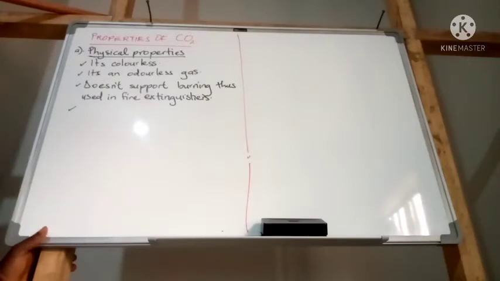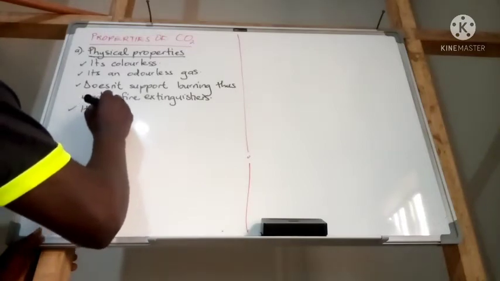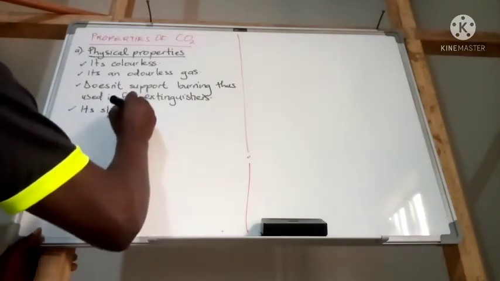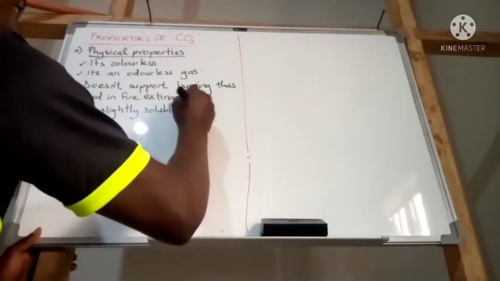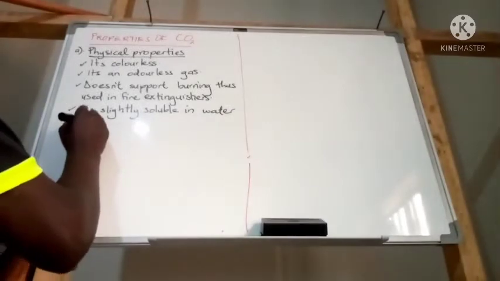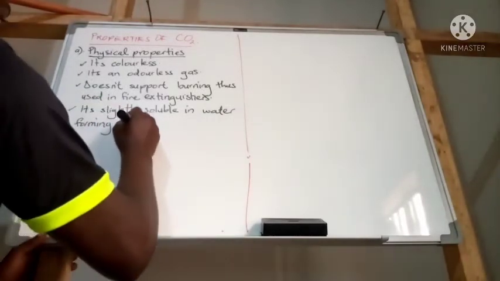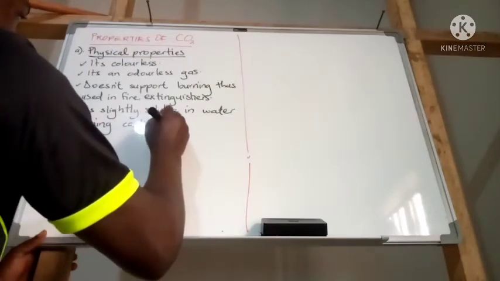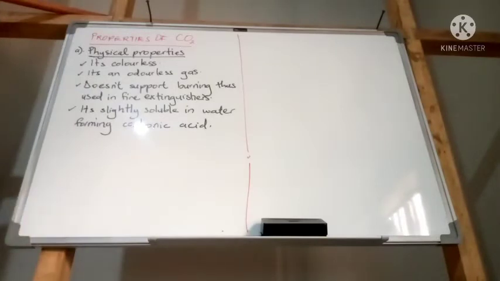You can collect it over water, reason being it is slightly soluble. It is slightly soluble in water, and when it dissolves, part of it dissolves, it forms carbonic acid. This acid is weak and it's one acid that causes hard water.